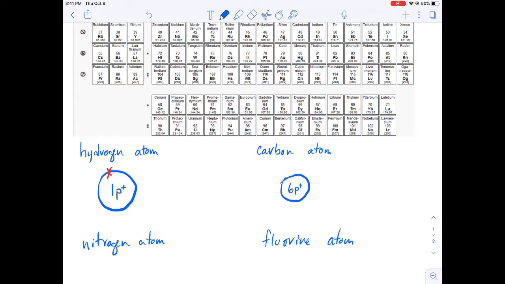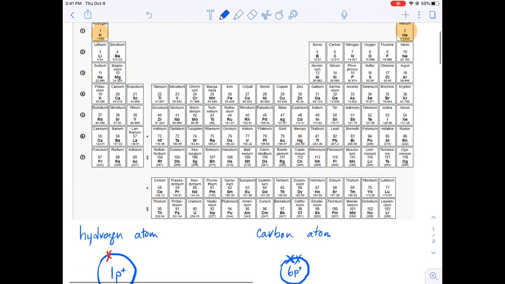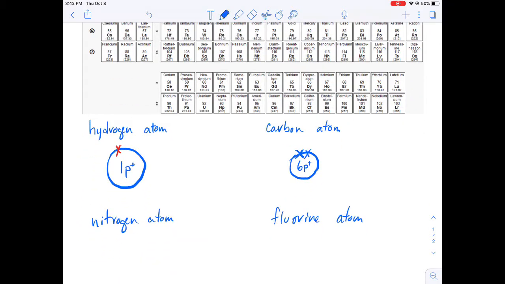So its first energy level or orbital is full, and then carbon has 1, 2, 3, 4 more electrons in the next energy level. So we draw another circle around it, and we put 1, 2, 3, 4, and that's the Bohr diagram for a carbon atom.